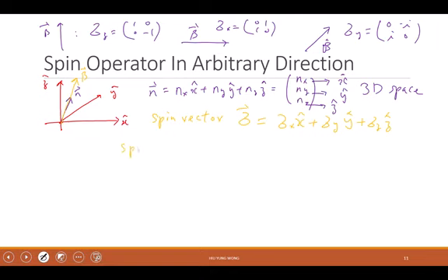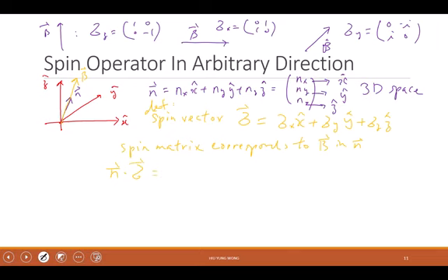The spin matrix corresponds to, and this is a definition, okay? We define the spin vector as this. It corresponds to a B field in the n direction, meaning that it's pointing here, is n dot sigma vector. Okay?